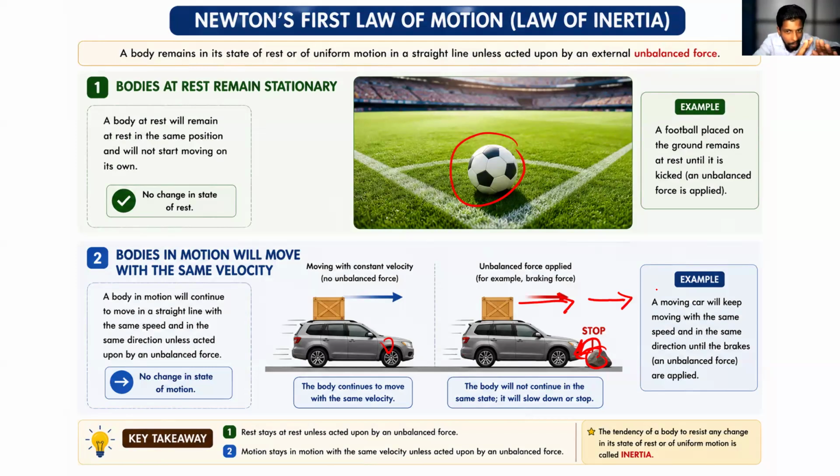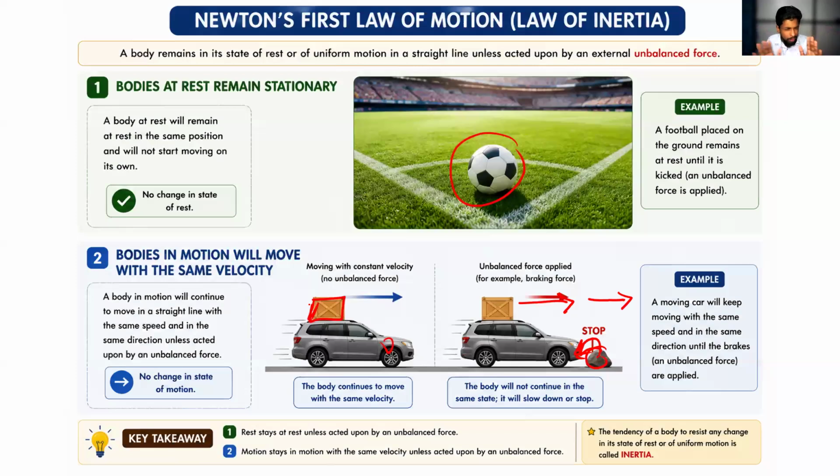So again, until an unbalanced force is applied, the object which is moving, the box, keeps moving continuously. If you didn't get that idea, let's move to the football ground. Just imagine you are the France goalkeeper and the ball is coming towards you.